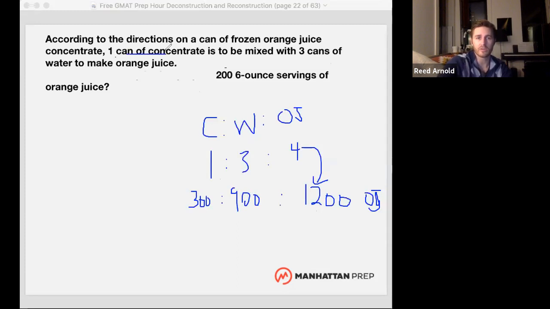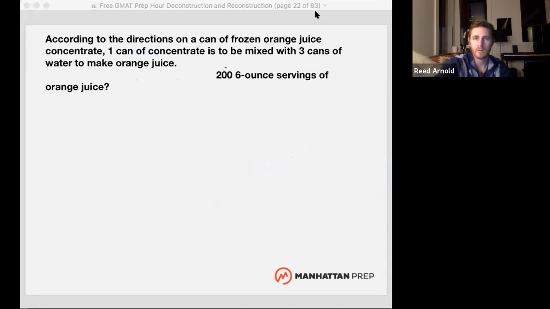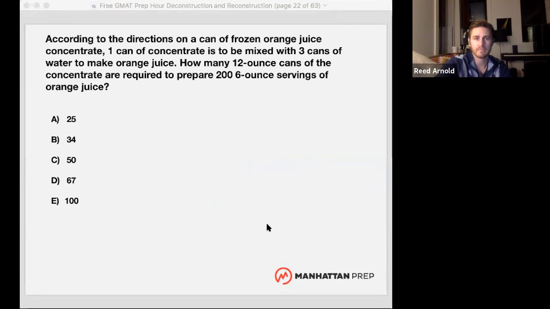That's what I know from these pieces of information. The first one gave me the ratio. Then I'm asked about 200 6-ounce servings. That's 1,200 ounces. Well, if it's a 1 to 3 to 4 ratio and there's 1,200 ounces, it's 300 to 900. Those are the component parts. And then we answer the question. So see if you can tie it all together.